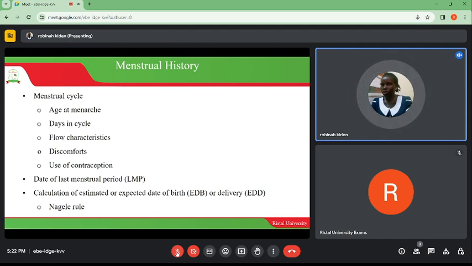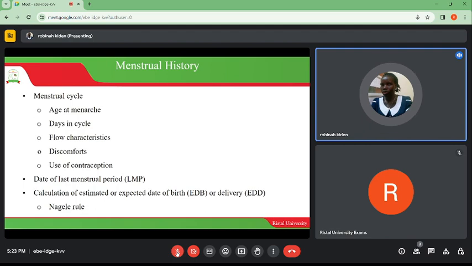Do such things affect her? Then is she using any contraception? We take these more so for the flow characteristics, whether the blood is coming much or not. The kind of discomfort matters because some gynecological diseases may present with certain characteristics in terms of flow, so they can be established here.